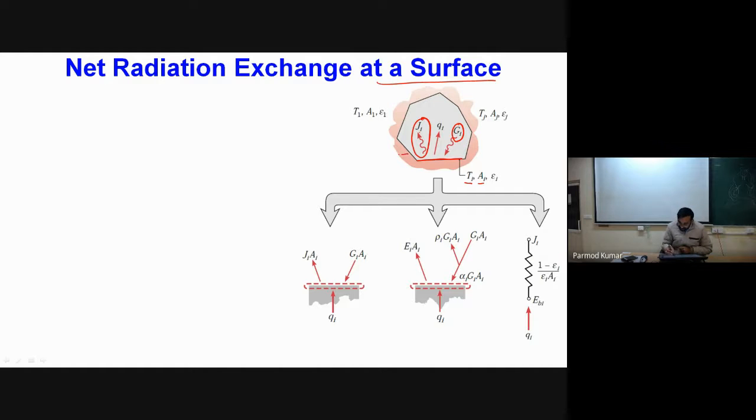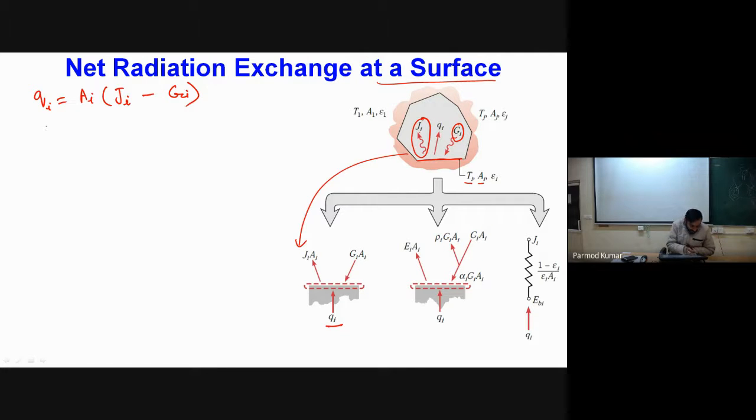So if I schematically draw this situation for only this surface, it is something like this: Ji into Ai is the total energy going out, Gi into Ai is the total energy incident, and Qi is the total heat transfer associated with this surface. So from the energy balance, I can write Qi equal to Ai, which will come as common, times Ji, the energy going out, minus Gi, the energy incident on this surface.